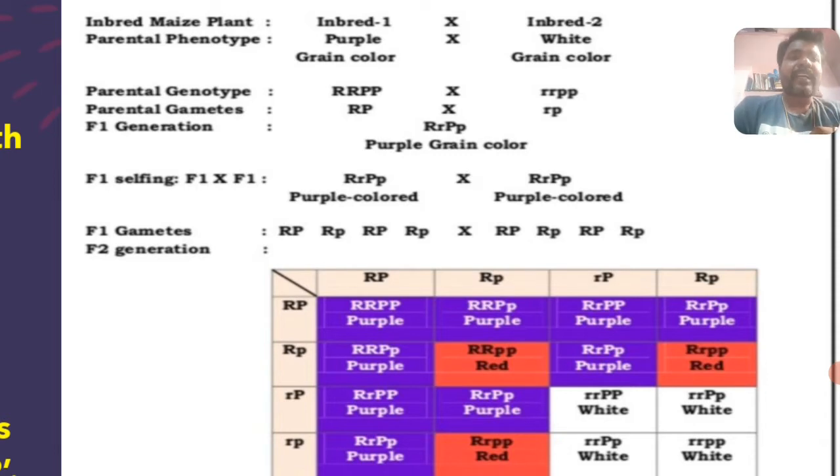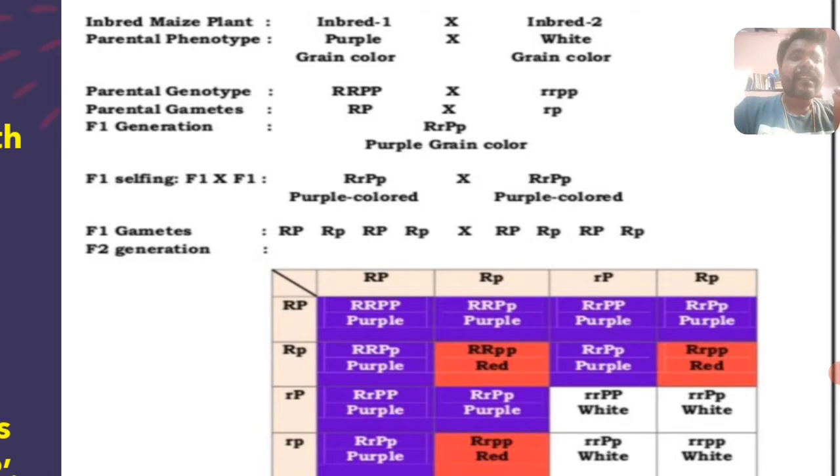The gametes are capital R capital P, and small r small p. When brought together in a hybrid, they show purple grain color because of the presence of capital R and capital P.